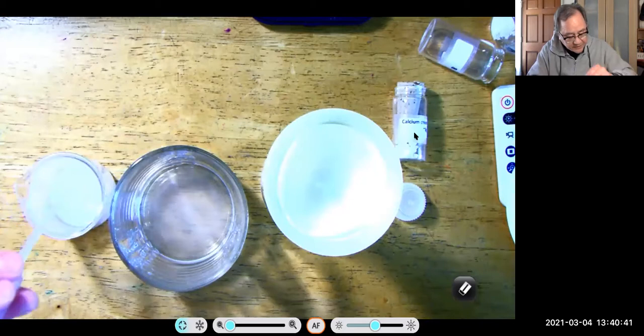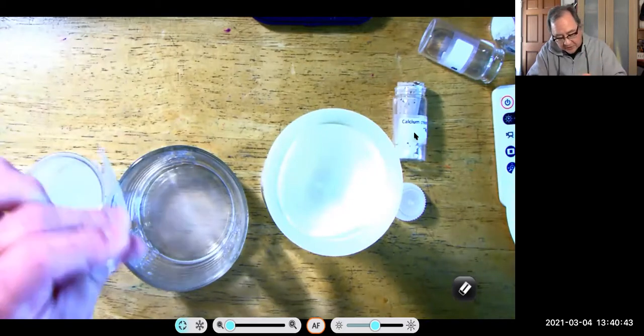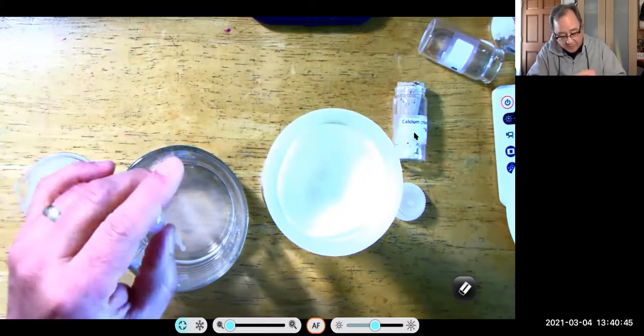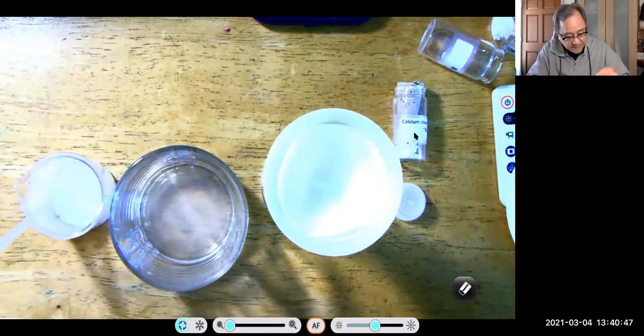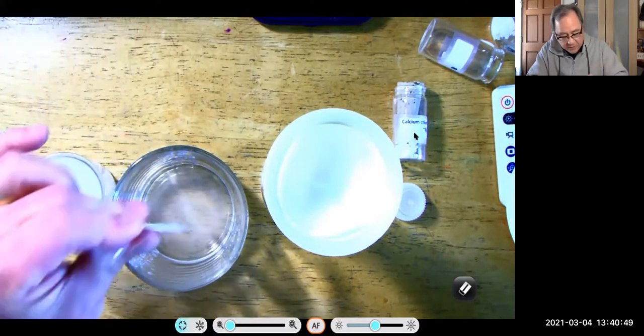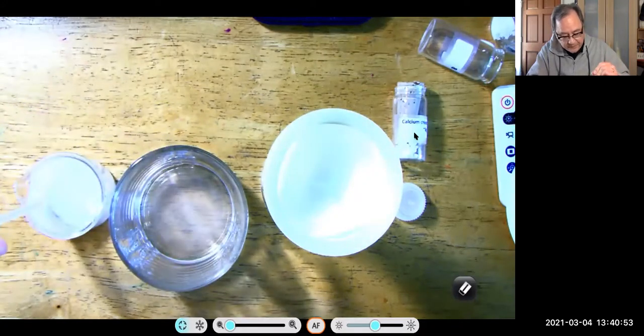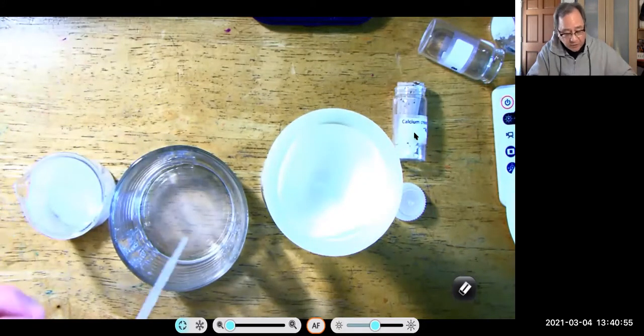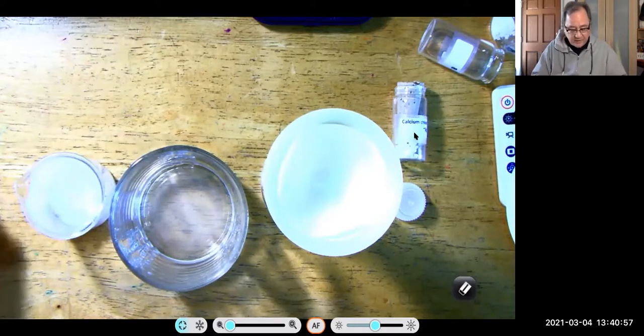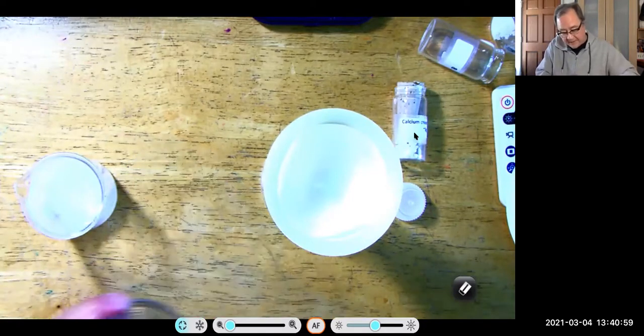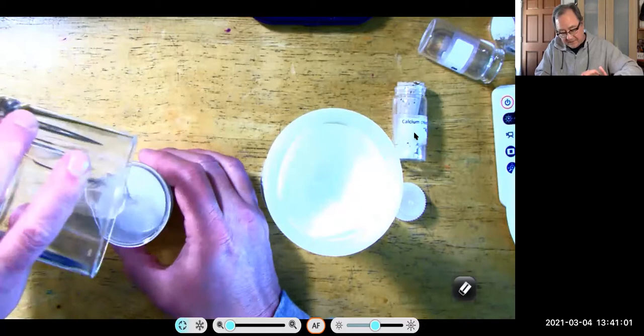Now you can see just how cloudy that's looking, so it's hard for me to tell if I'm getting more precipitation or not. That's why it's important to calculate how much of the calcium chloride you need before you do this reaction. So basically you can add all of that in and you get your precipitate.